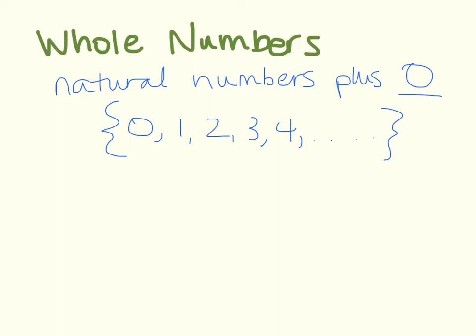Examples are 0, which we want to make sure we include, and it might also be 12, or 251. Things that are not whole numbers are negative numbers, and anything with a fraction or a decimal.